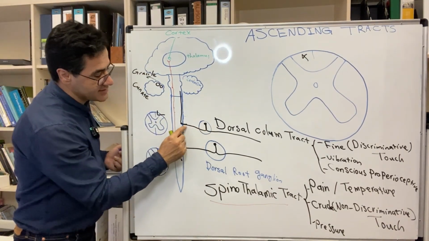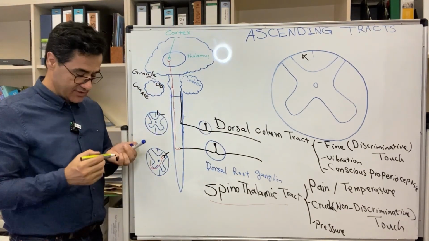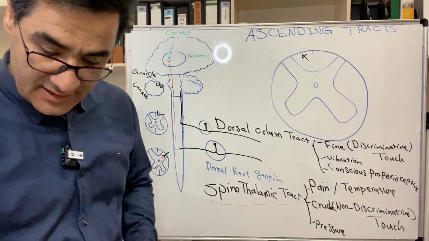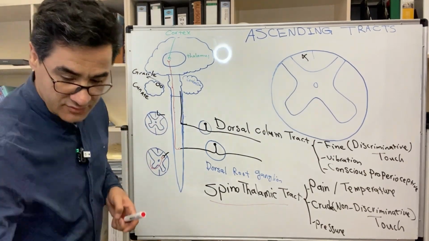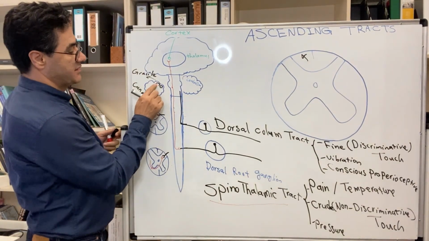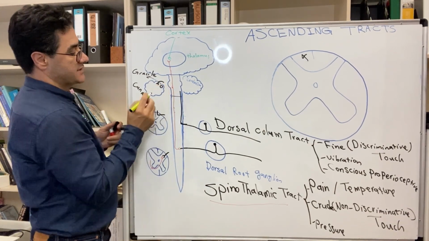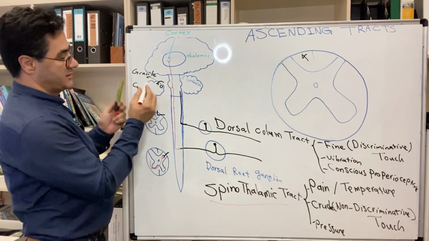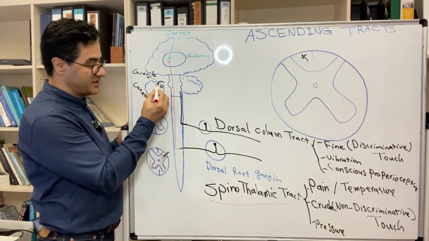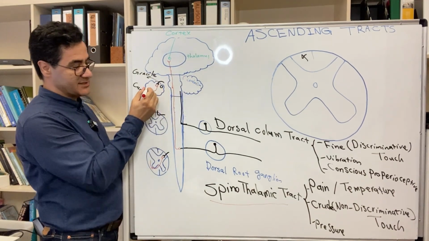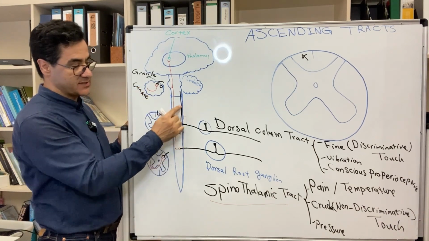So the axon of the first order neuron gets into the gracile and cuneate nuclei, and synapses onto the cell body of the second order neuron. Then it crosses the medulla from that side to this side. The decussation will happen in the medulla, not in the spinal cord.